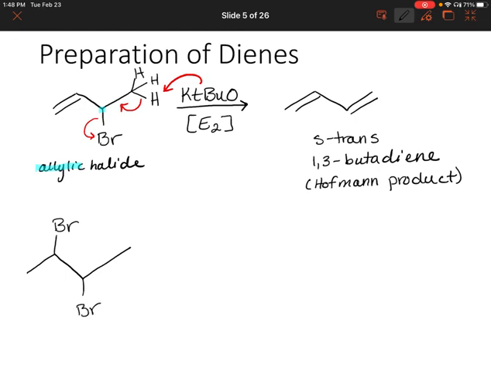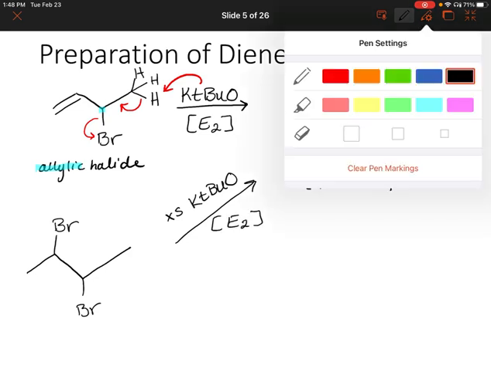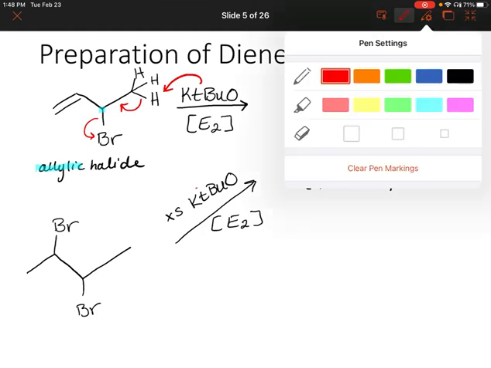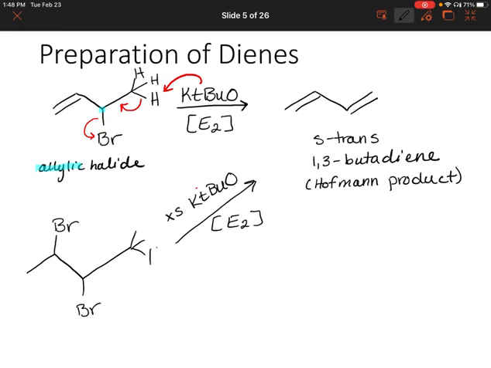On this one we have two halogens, and they're on separate, adjacent carbons. And we're just going to use excess potassium tert-butoxide. Again, this will be an E2 reaction, and the tert-butoxide is going to perform two elimination reactions here.